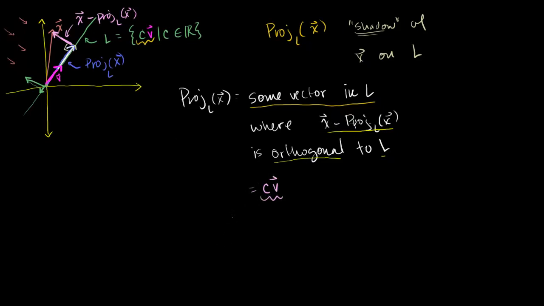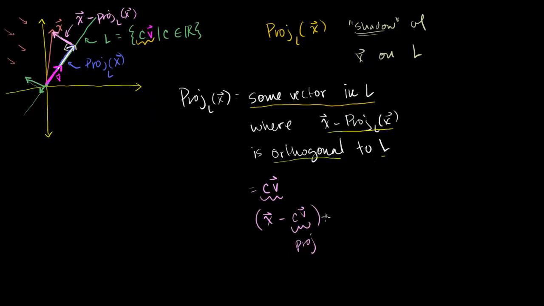Now we also know that x minus our projection is orthogonal to L. And I just said that I could rewrite my projection as some multiple of this vector right there. I mean, you could see it the way I drew it here. It almost looks like it's 2 times this vector. So we know that x minus our projection, this is our projection right here, is orthogonal to L. Orthogonality, by definition, means its dot product with any vector in L is 0.